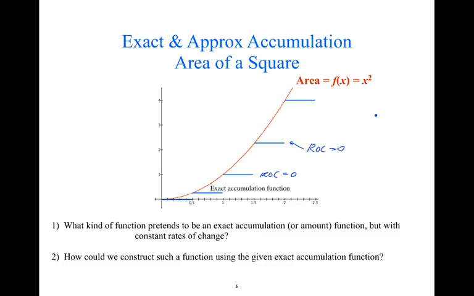Because our experience in many, many semesters of doing this is that this is the way students try to draw an approximate accumulation function from an exact accumulation function, because we're so used to doing this on the rate of change functions. It's not the same now. This step function will give constant amounts of accumulation, or 0 rate of change. Don't do that.